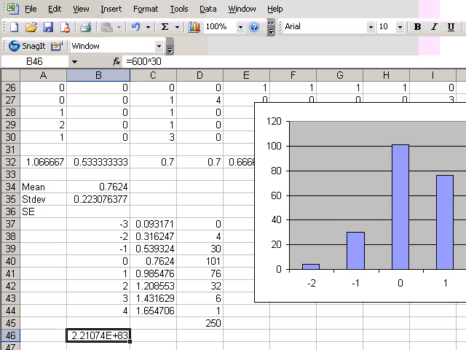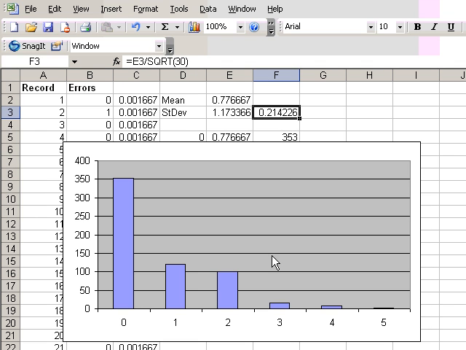That number is very large. So if we possibly could take all these 2.2 e to the plus 83 samples, the standard deviation of the means for all those samples would be exactly equal to the population standard deviation divided by the square root of the sample size.